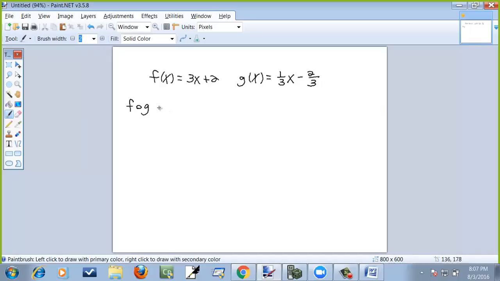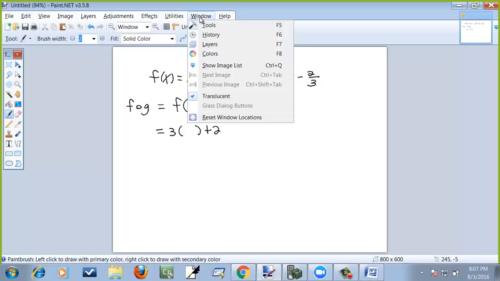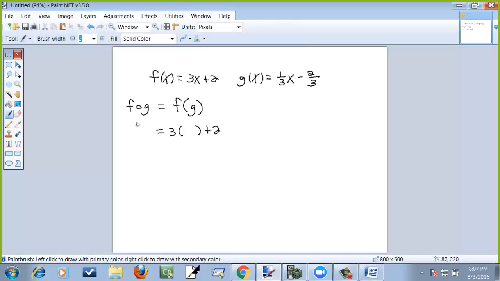First thing I'll do is find the composition of f and g, which is f of g. So we're going to take our f of x, which is 3x plus 2, and where our x is, we'll put in a set of parentheses.